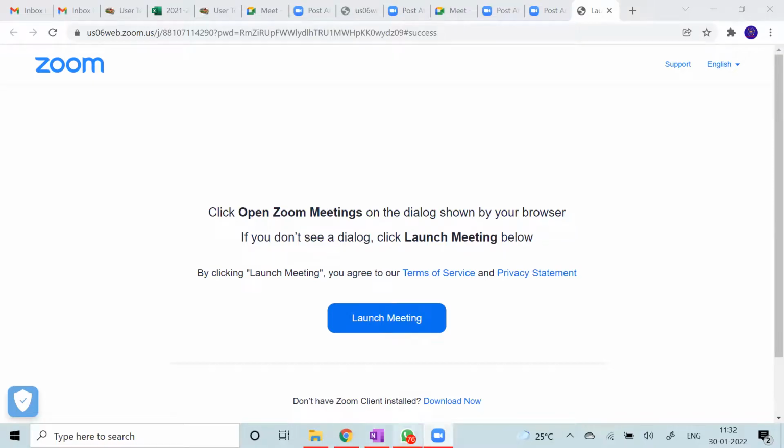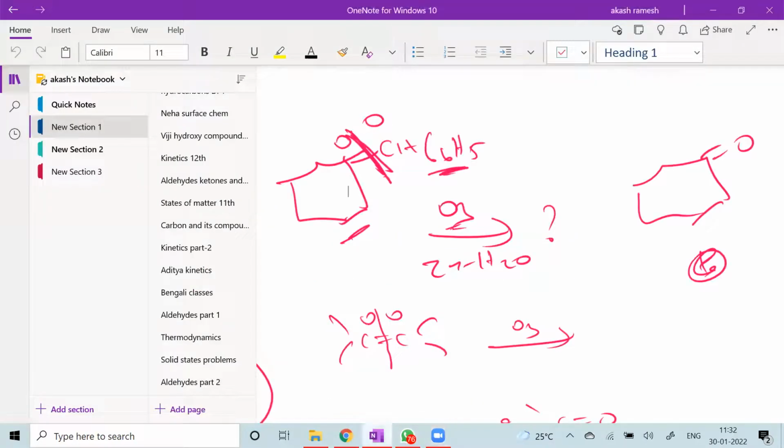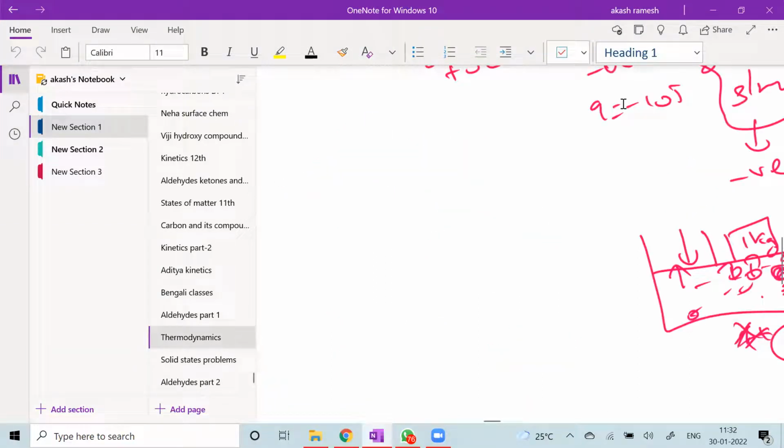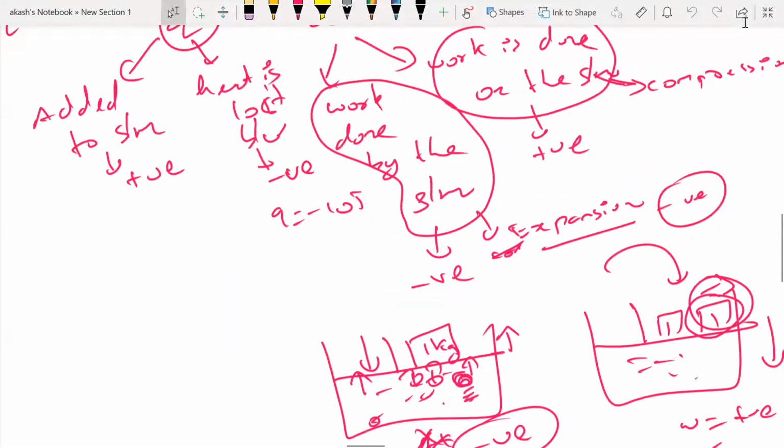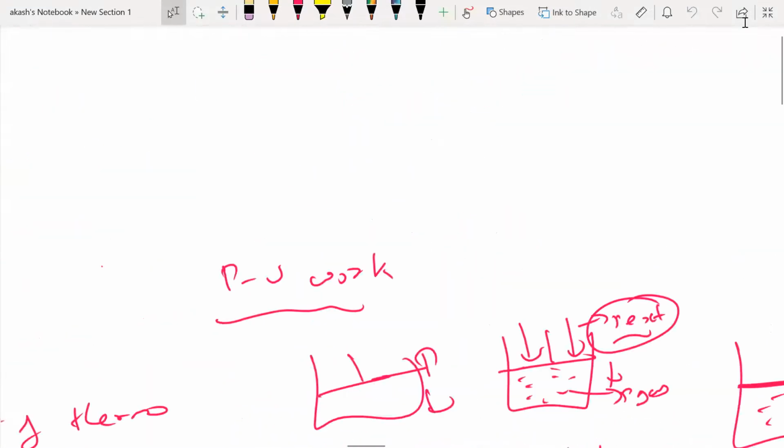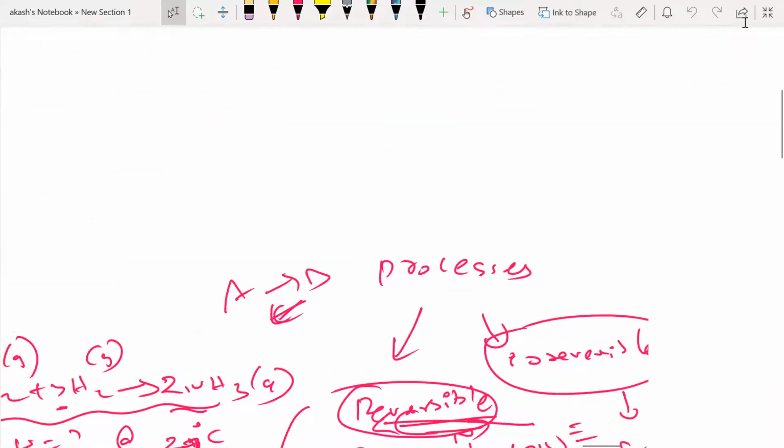Let me share my screen. So last class we were actually doing this, right? We were trying to understand reversible and irreversible processes.